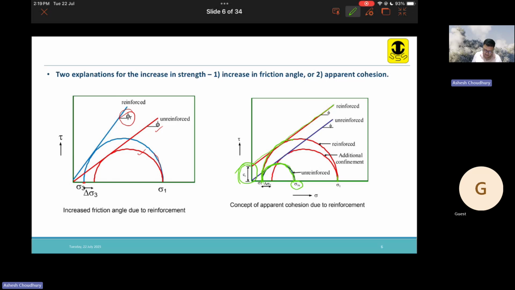So this apparent cohesion explains the increase in strength. Understood?